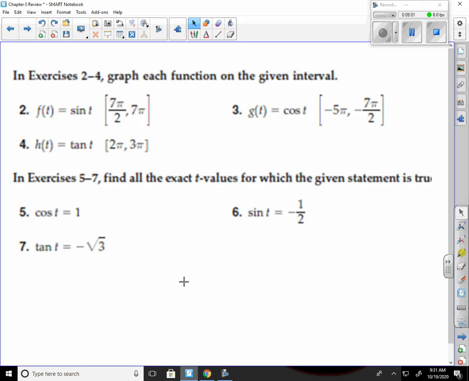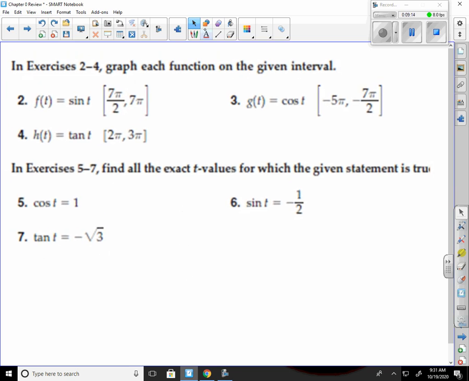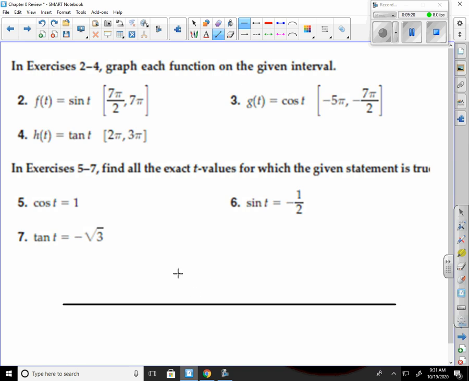So the easiest way to do this on a sheet of paper is going to be to look at my unit circle and pull some values.